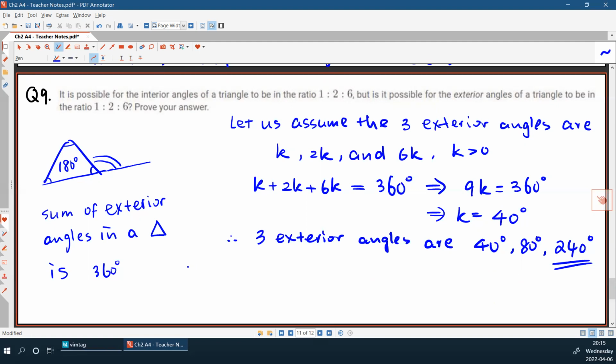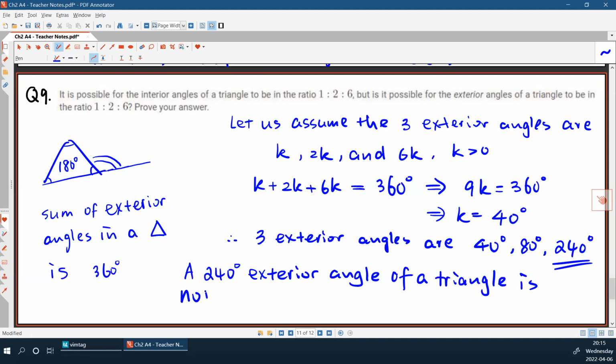Let's say a 240 degree exterior angle of a triangle is not possible. Therefore, it is not possible for exterior angles of a triangle to be in the ratio 1 to 2 to 6.